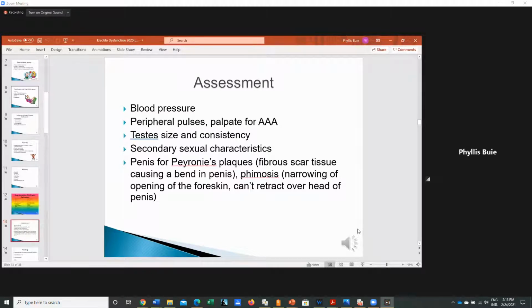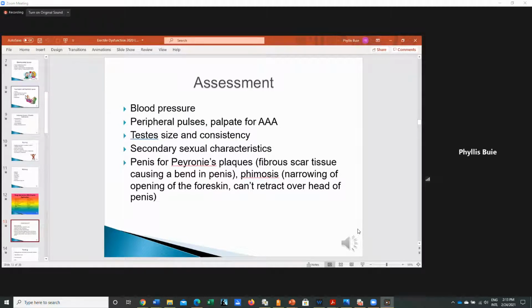What type of consistency are they? Do they have any secondary sexual characteristics, like hair in unusual places, or maybe the sound of their voice is a little different? Things like that are things that we're going to be assessing for. Anything that's different, that just doesn't fit the normal picture.